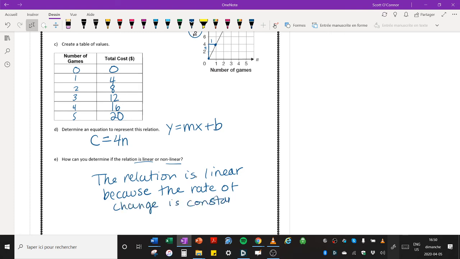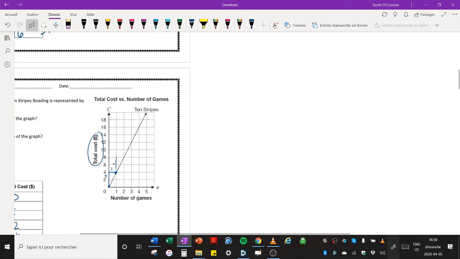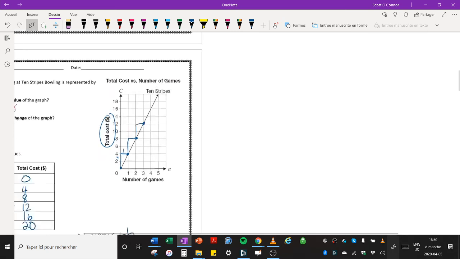And so what does that mean? I mean, just look at this graph right here. You see it's going up by 4 each time, and that's why it creates a straight line. If all of a sudden it went up by 5, well, then you'd have a very different looking line, and it wouldn't be straight any longer.